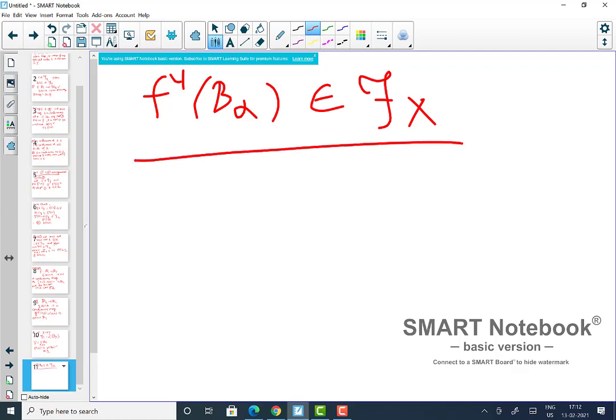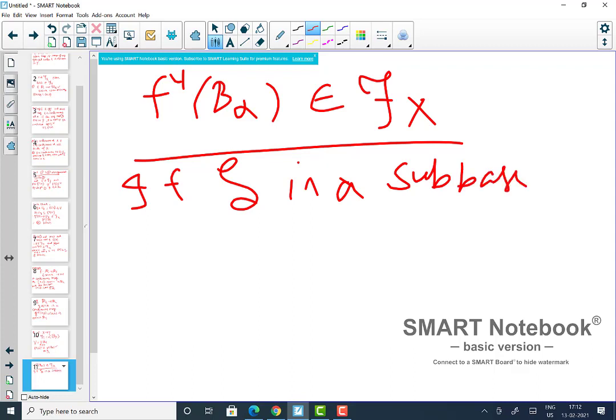Similarly, if you know a subbase of a topology, for example, if S_Y is a subbase for Y, then it is enough to check that the pre-image of a subbase element is open or not. Why?